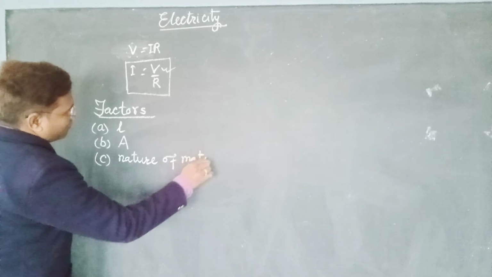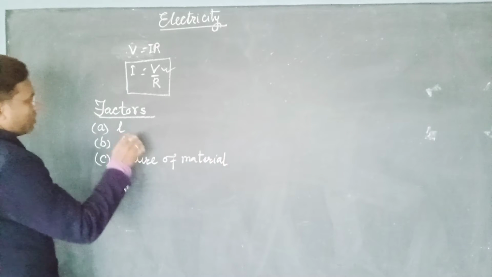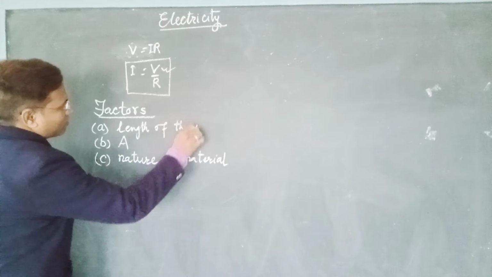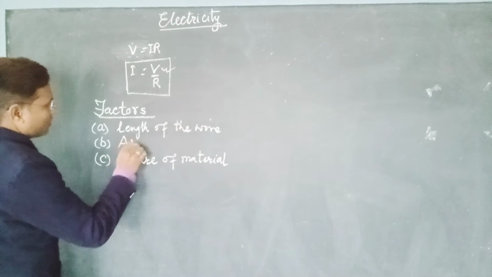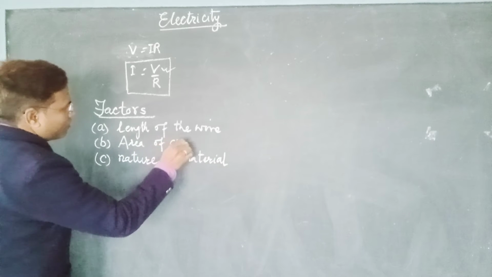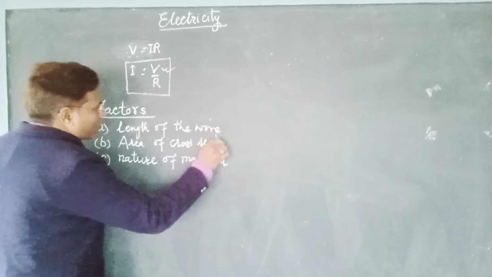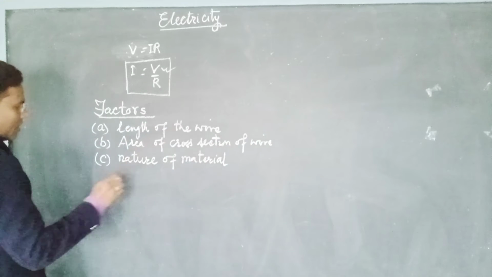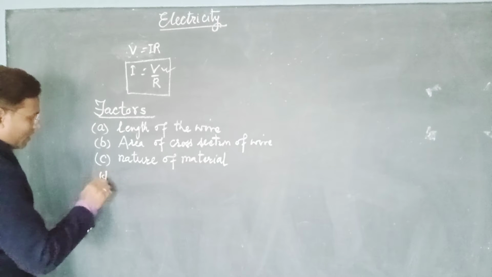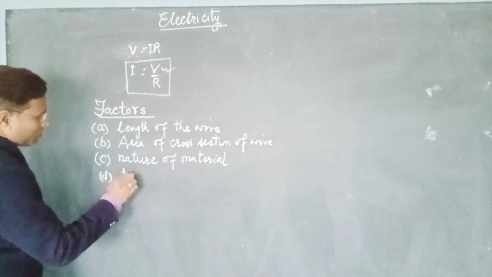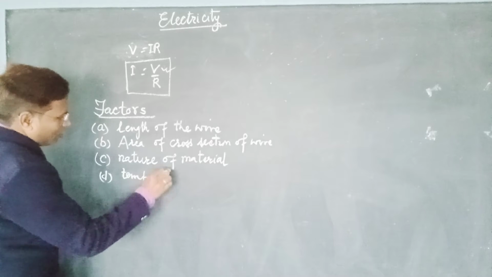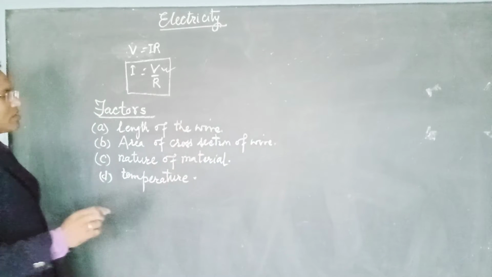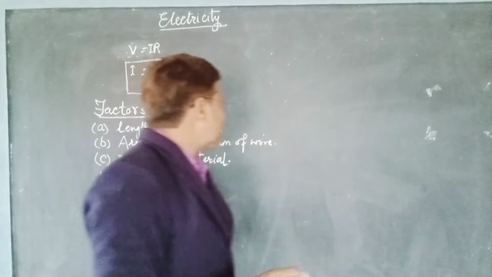And the fourth one is the temperature. So these are the four factors on which the resistance of a conductor depends.